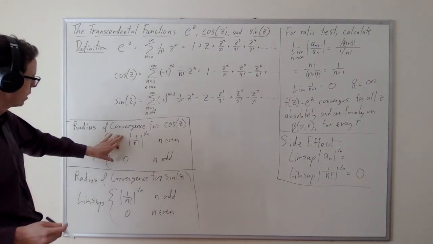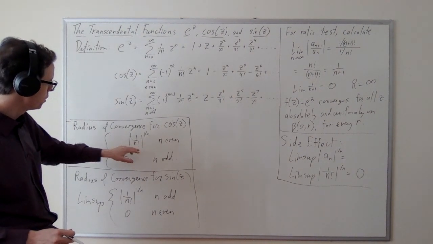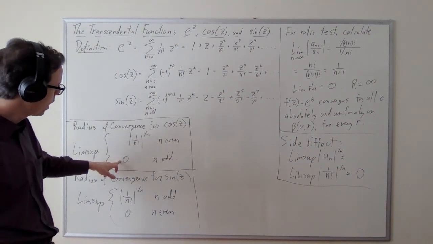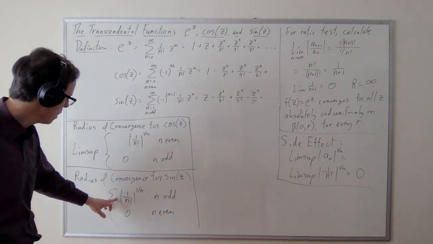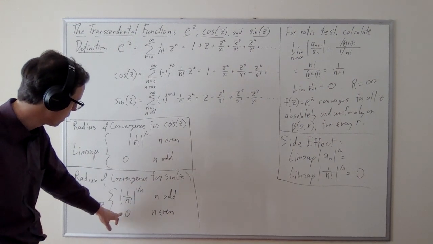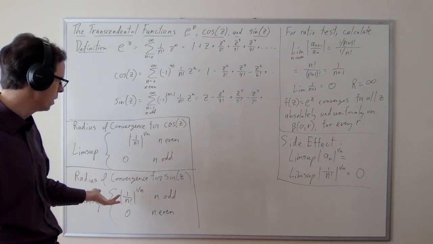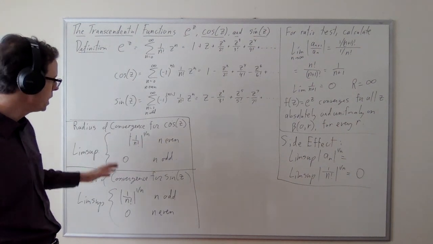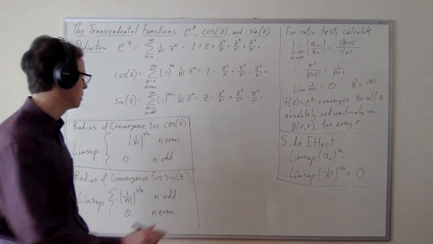So what we've got here is a sequence of values, and we know that the even values tend to 0. We know the odd values are 0. Here we know the odd values tend to 0, and the even values are 0. So what else is there to prove? This lim sup must actually be equal to a limit, and it must be 0.